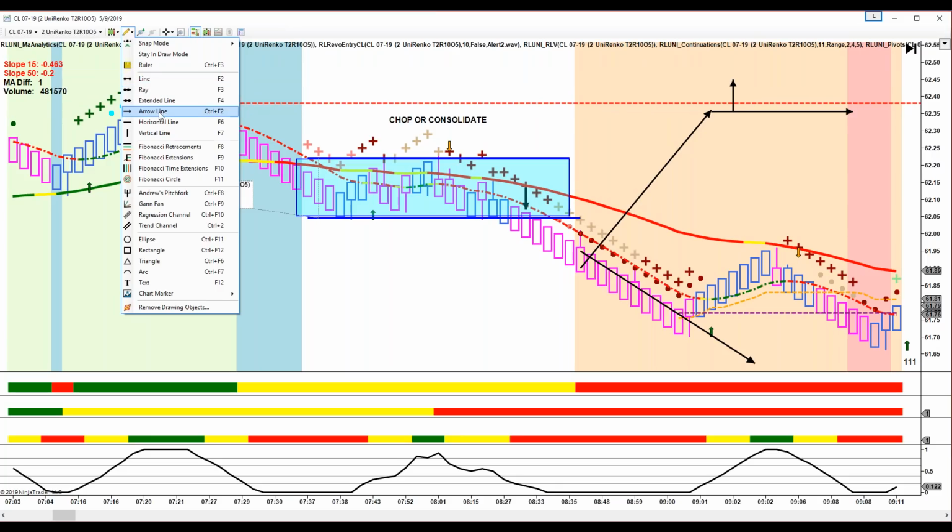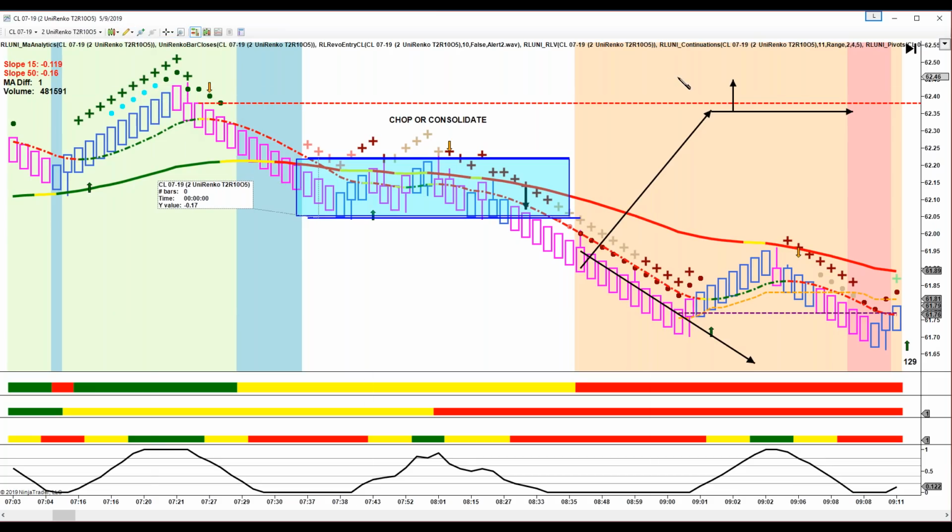Now, in this particular case, you're almost always going to break out of consolidation in the direction of the background bias. It's the multi-time frame trend, and you're going to go long.